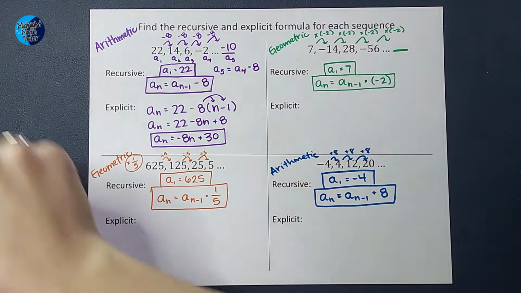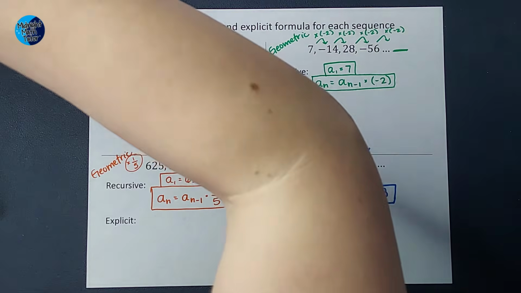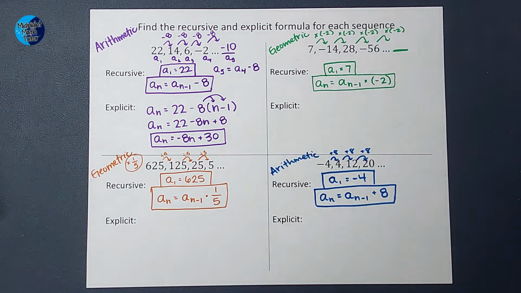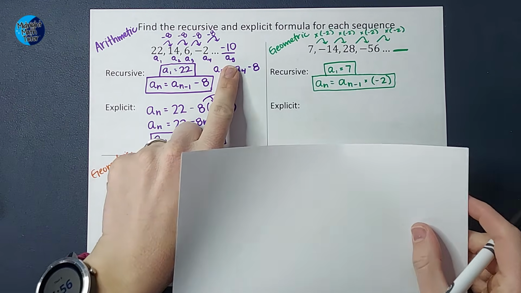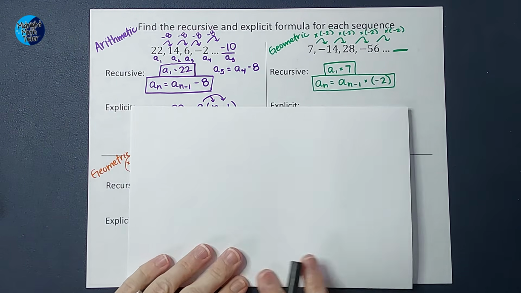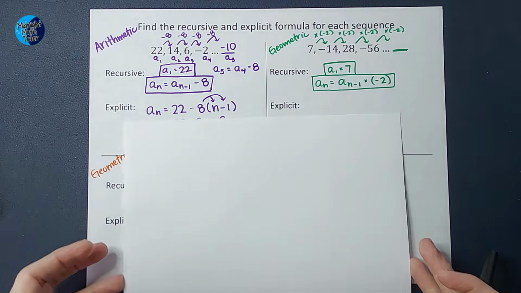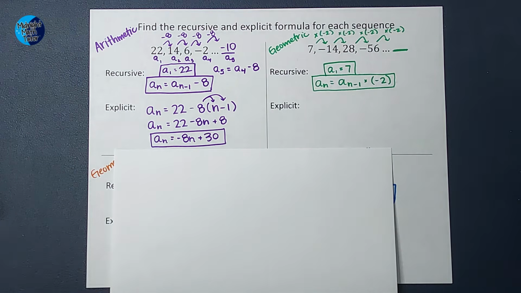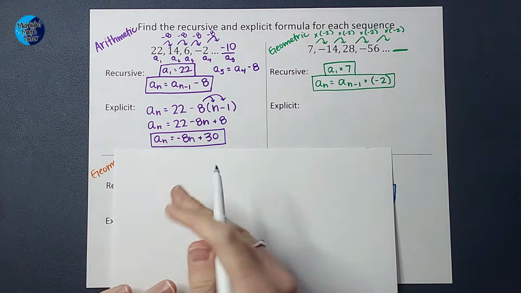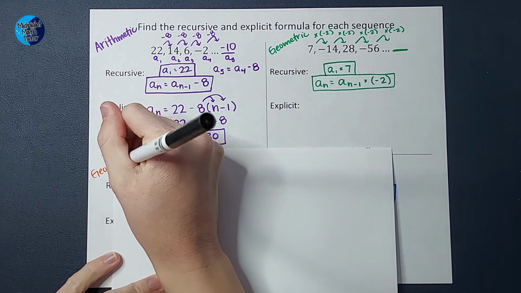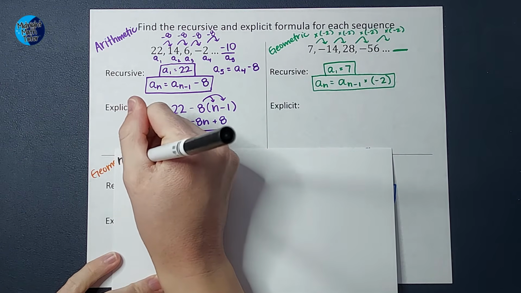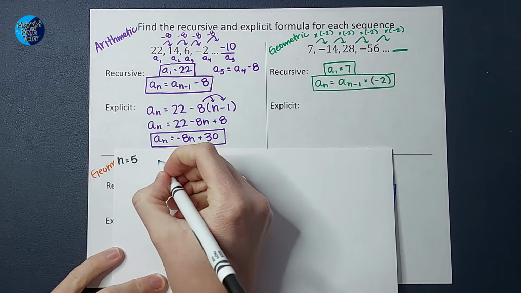Now you're probably like, great, but how do we know if it really works? So let's go ahead and check it. Let's say we're trying to find a sub 5 again, but pretend we don't know what it is, and we're using our explicit formula. If I want to know the 5th spot, I want to know where n equals 5. I'm going to plug it in here.